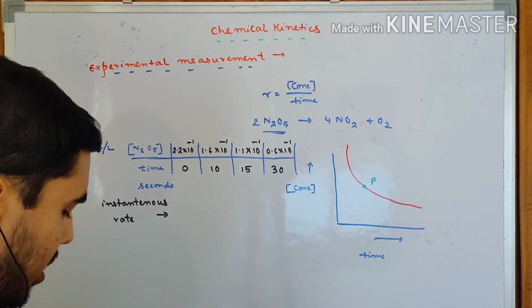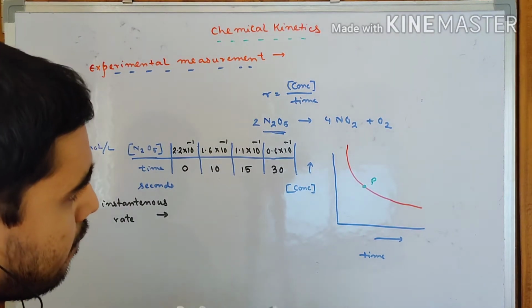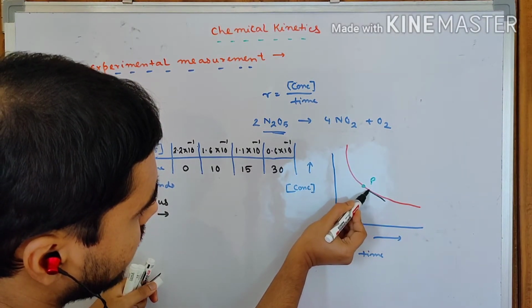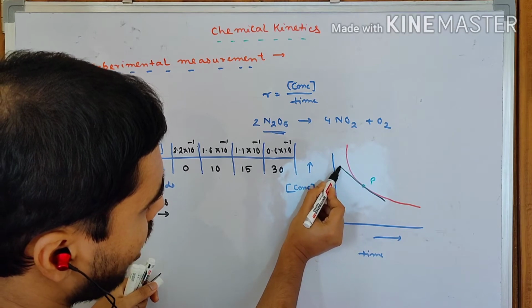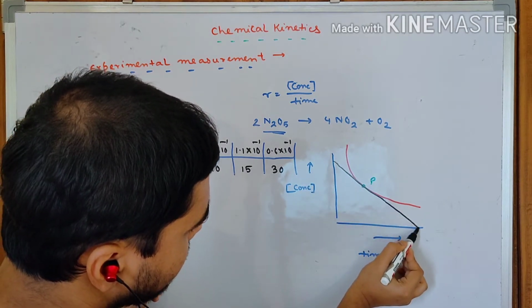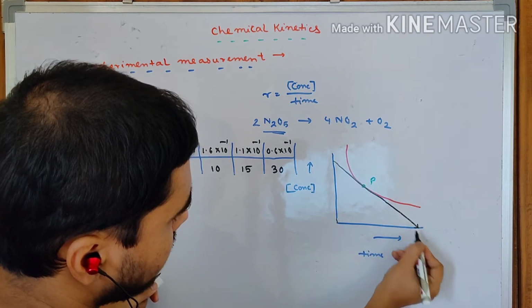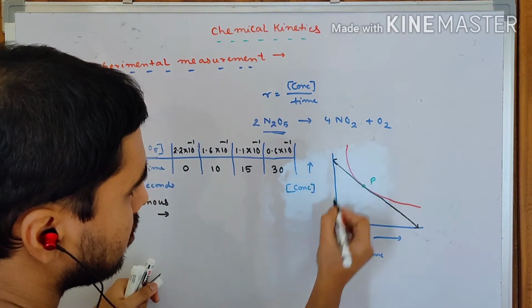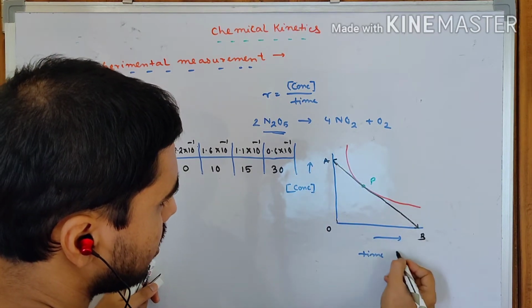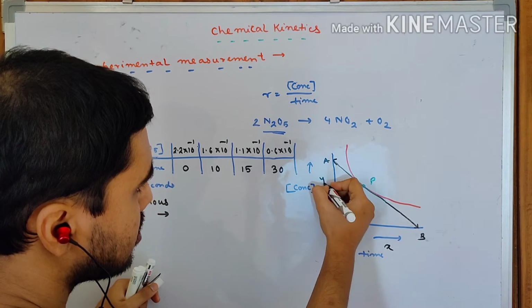What we should do mathematically is check this slope, and we can extrapolate that line and touch both sides of the graph. Suppose this is O, suppose this is A, and suppose this is B. Obviously this is the x-axis and this is the y-axis.